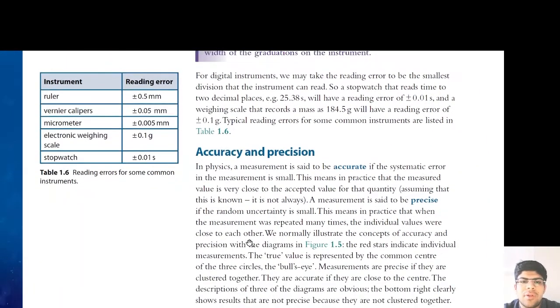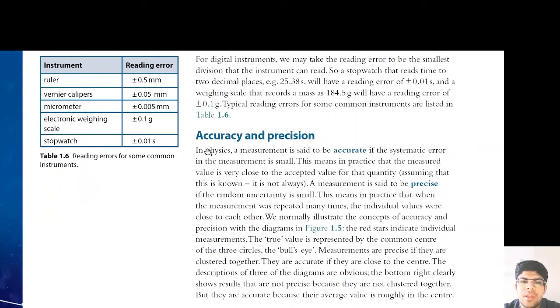Accuracy and precision. In physics, a measurement is said to be accurate if the systematic error in the measurement is small. This means in practice that the measured value is very close to the accepted value for the quantity, assuming that this is known, which is not always so.